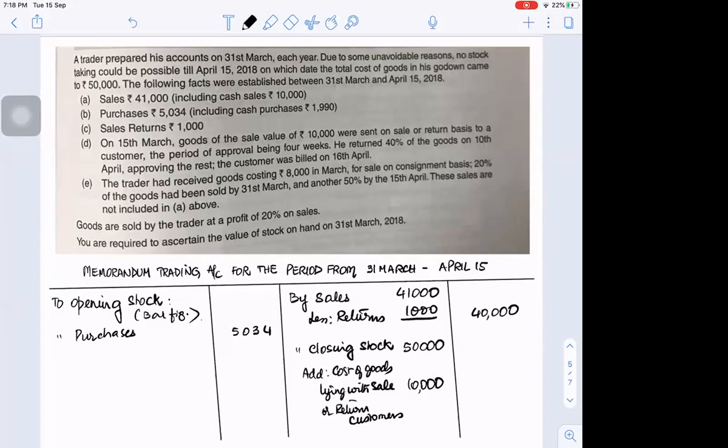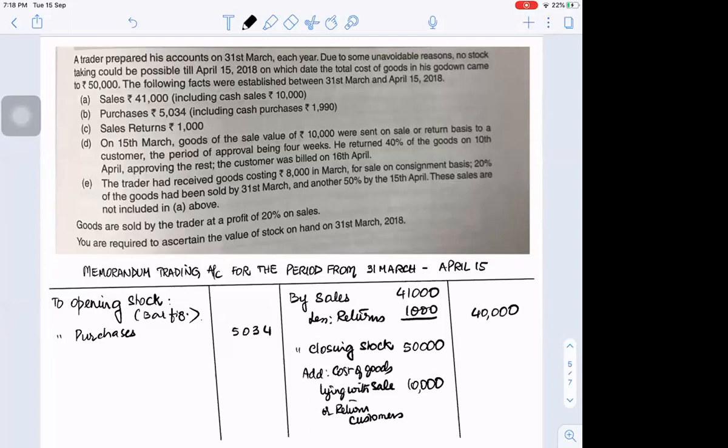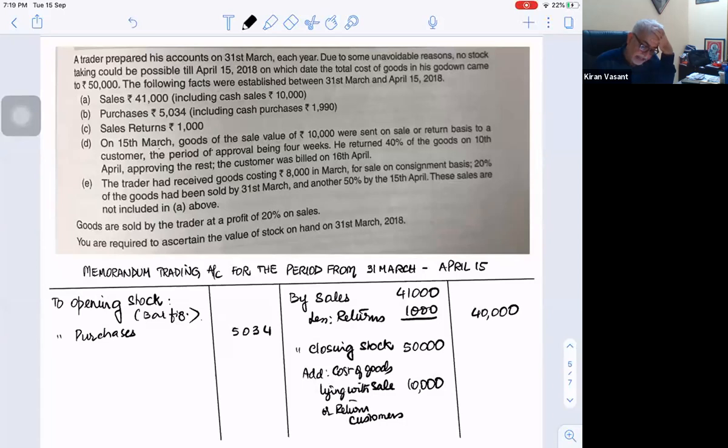So can we do it as a working note down? Yeah, I'll do that. Okay. 15th March, 10,000 sent on sale or return basis. He has 4 weeks time.